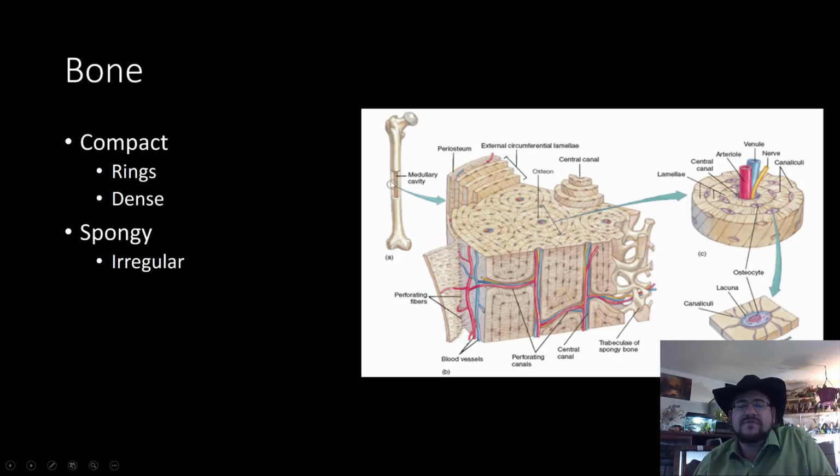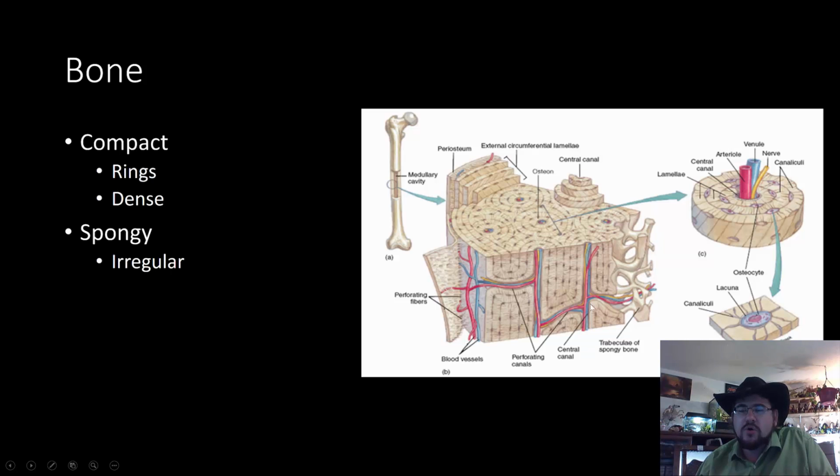So if we look at our cross-section, it has a small amount of the center cavity of a long bone, the bone marrow cavity, right? And so if we look at the edge here, this is our spongy bone. You can see it's got these little rods and spars connecting to each other.